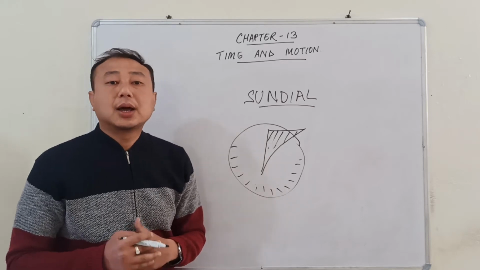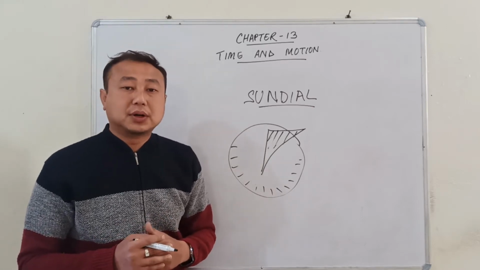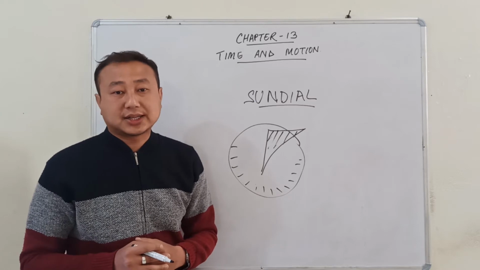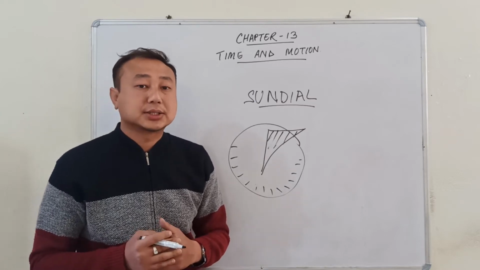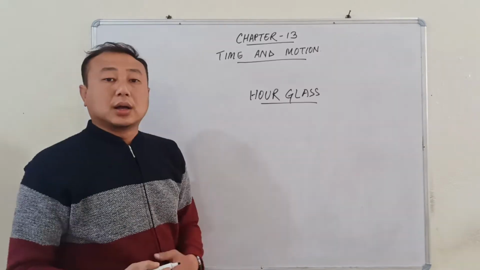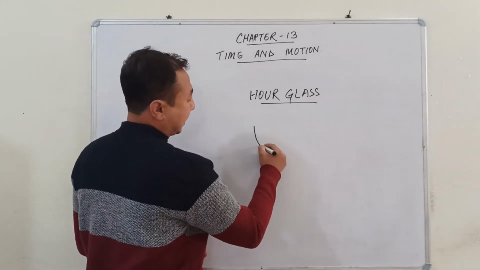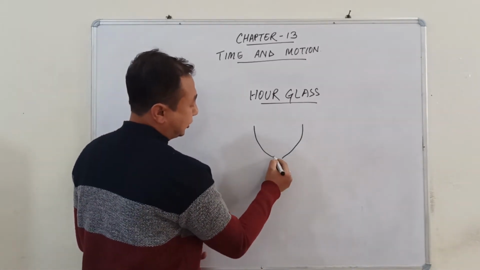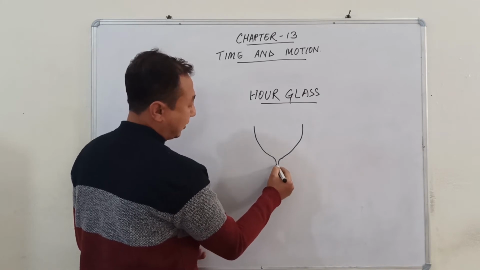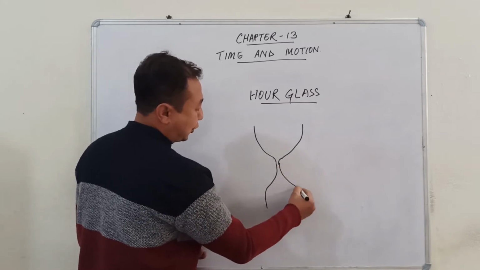Because of this reason, another device was also developed which can be used even during the nighttime, and the name of the device is known as hourglass. Hourglass is a simple device which is formed by two conical shaped glasses joined together by the help of a constriction portion.